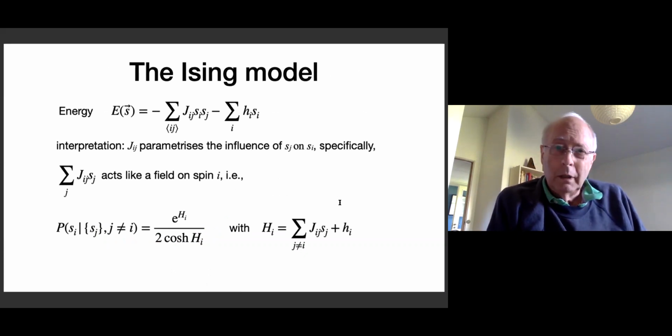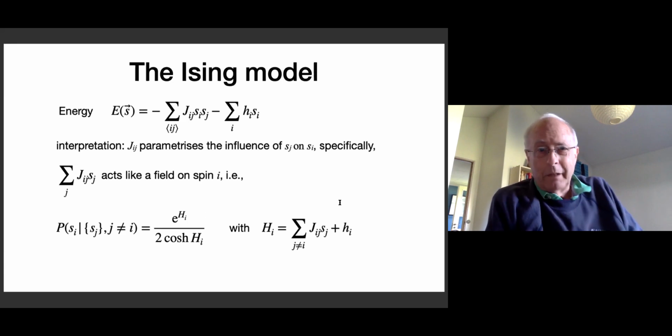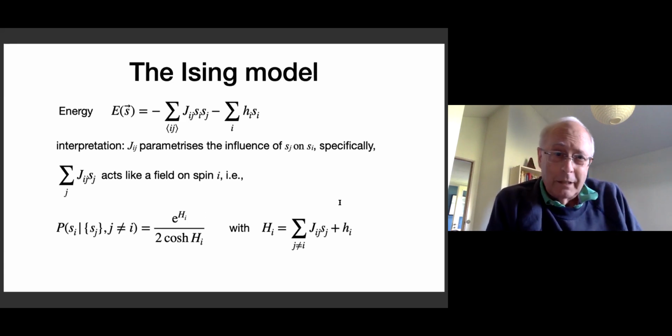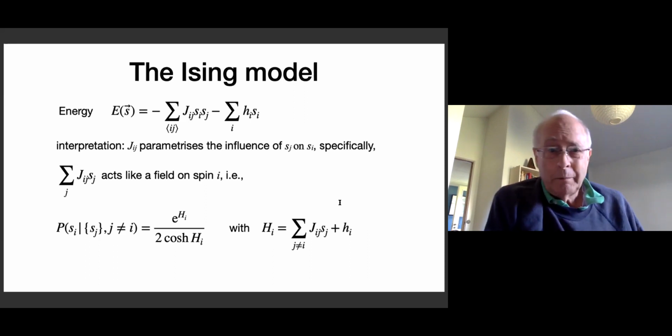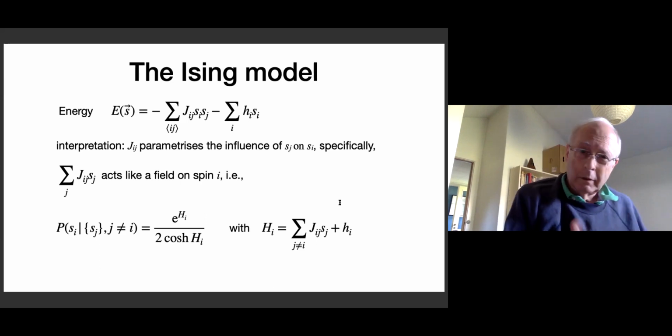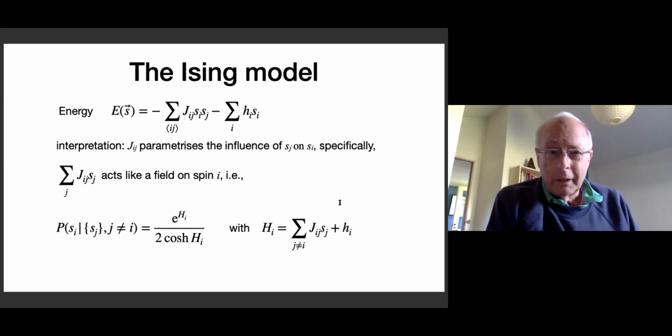Okay, now let's go beyond a single spin and look at the simplest model that you could look at. It's the Ising model, think of it as a ferromagnet for now. In this case, the second term in the energy is, for each spin, just the same thing, describing the effect of a field on it. We'll let those fields be different in principle.